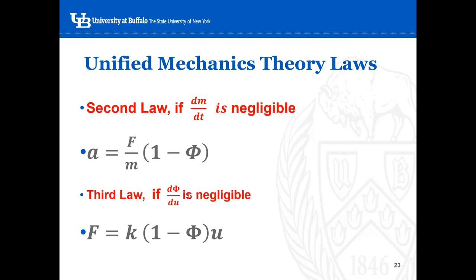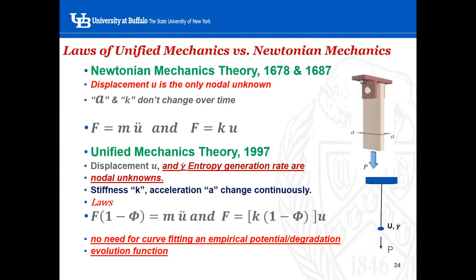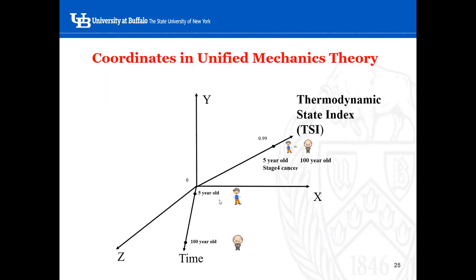This term is zero in Newtonian mechanics. So just comparing the Newtonian mechanics laws, F equals m u double dot, F equals K u, with the unified mechanics theory, they change. Now, I'm going to show you this and stop here for today and get your questions.